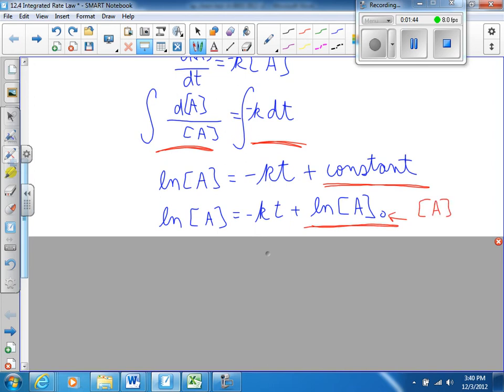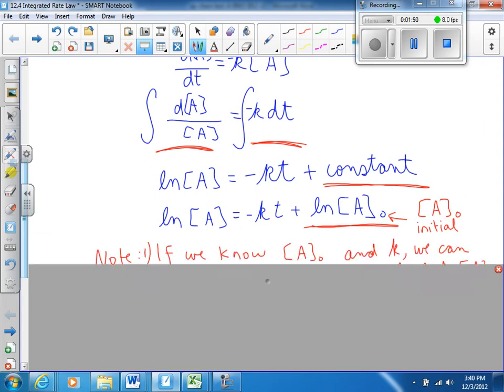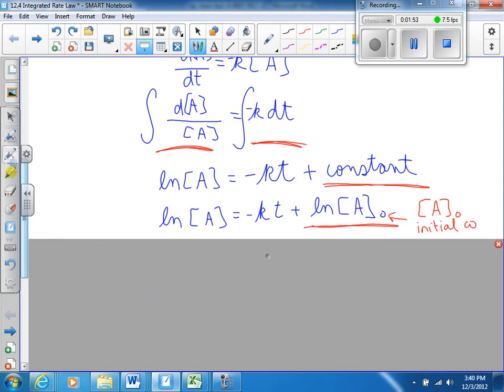So A0 is the initial concentration of A. Whenever you see that little knot, it means initial concentration.